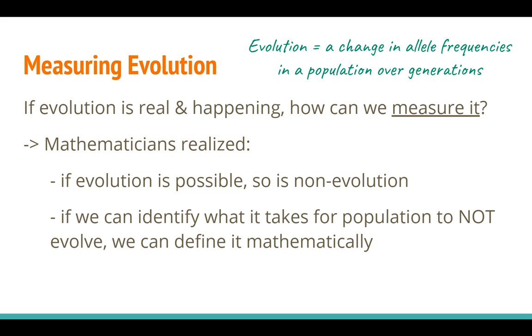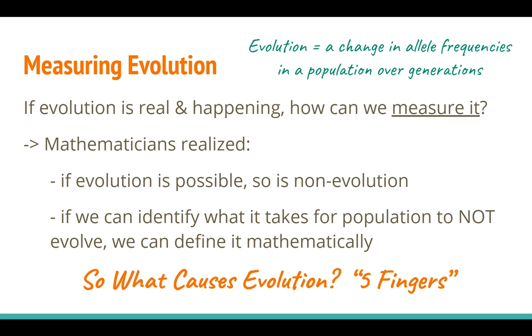As a result of this process, they came up with an equation called the Hardy-Weinberg equilibrium that we're going to learn about tomorrow. But for today, we're just going to look at what they figured out as they tried to identify what causes evolution to happen, and therefore what has to not be happening to have non-evolution. They came up with 5 things, 5 ways that the allele frequency of a population can change. And that's what we're going to focus on for the last part of class today.